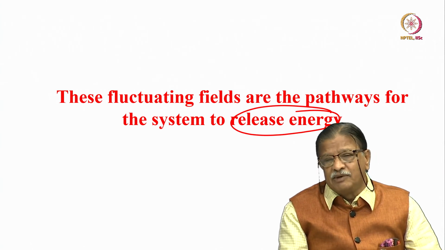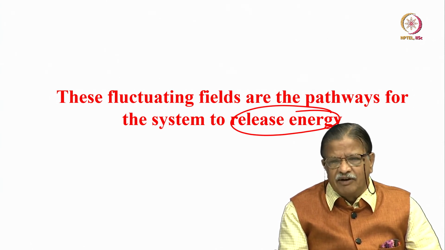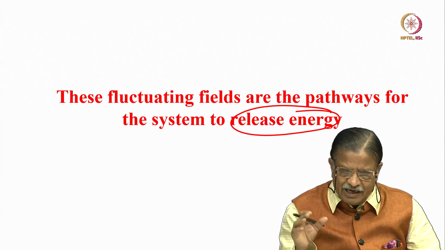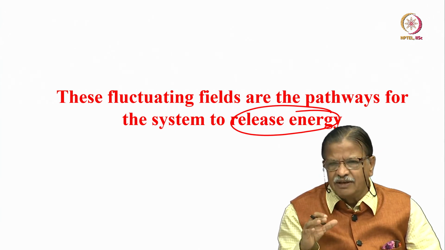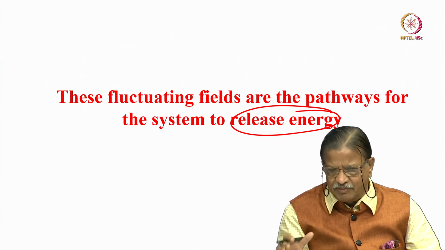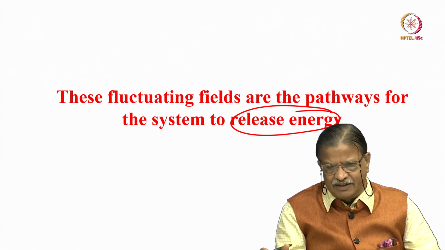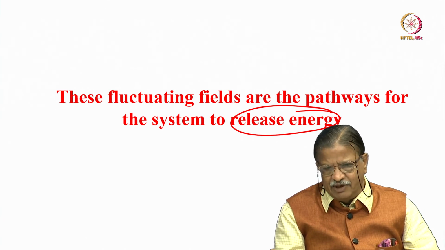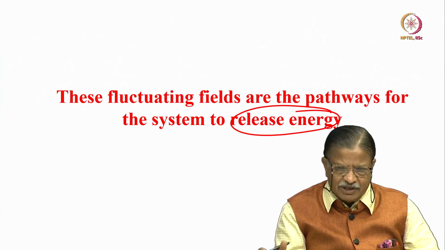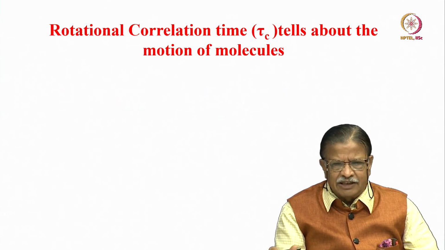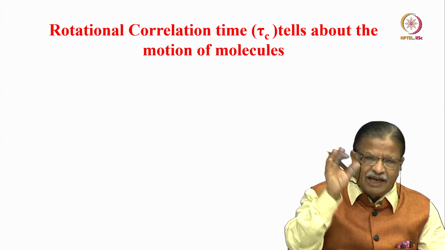It will take an enormous amount of time to come to thermal equilibrium. So, there will always be natural fluctuating fields at some places, and the spins eventually will come to thermal equilibrium by releasing energy. It could be seconds, milliseconds, microseconds, hours or days, but finally it will achieve thermal equilibrium by releasing energy.